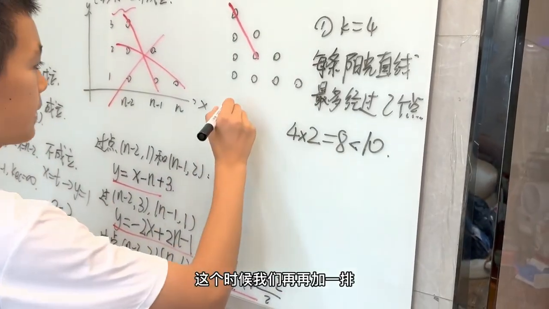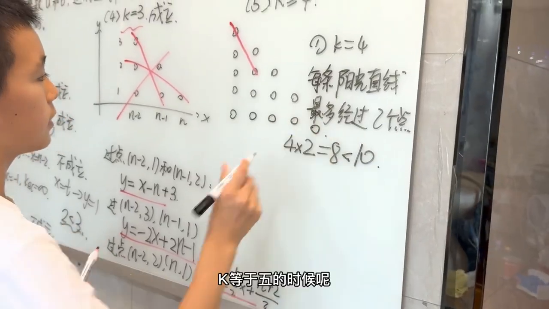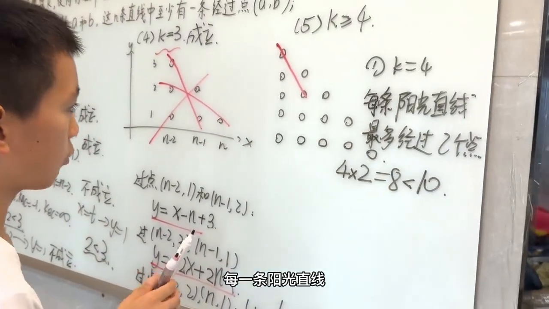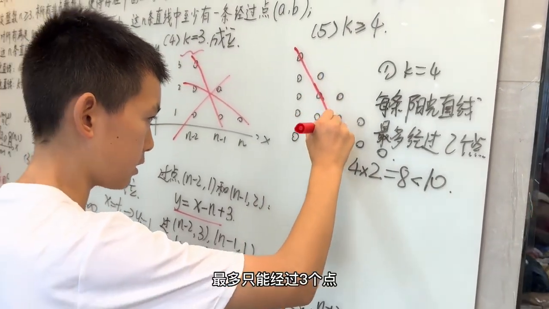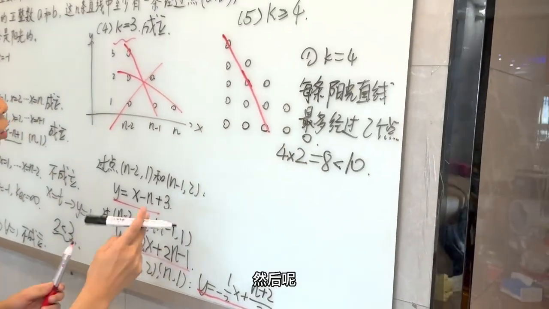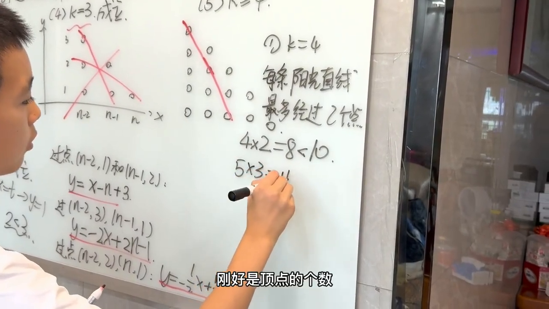At this time, we add another one to make k equal to 5. What about when k is 5? Each sunlight line can pass through up to 3 points. Why is it only 3 points for me? And then, we have 5 sunlight lines, 5 times 3 equals 15, which is exactly the number of vertices.